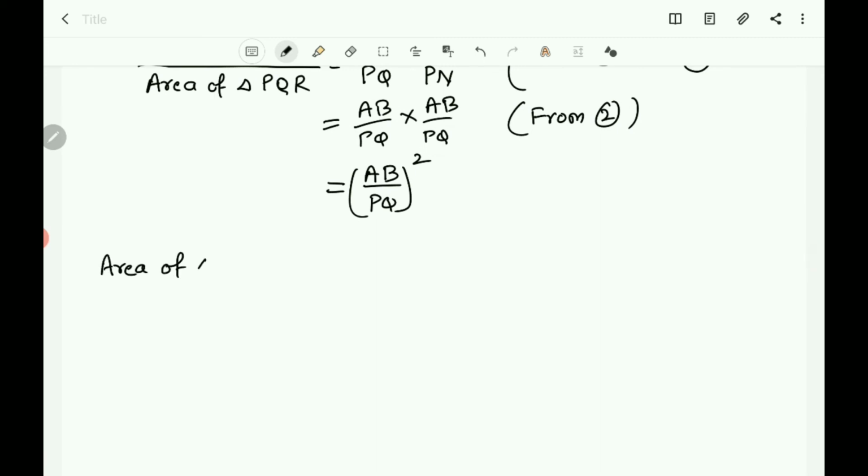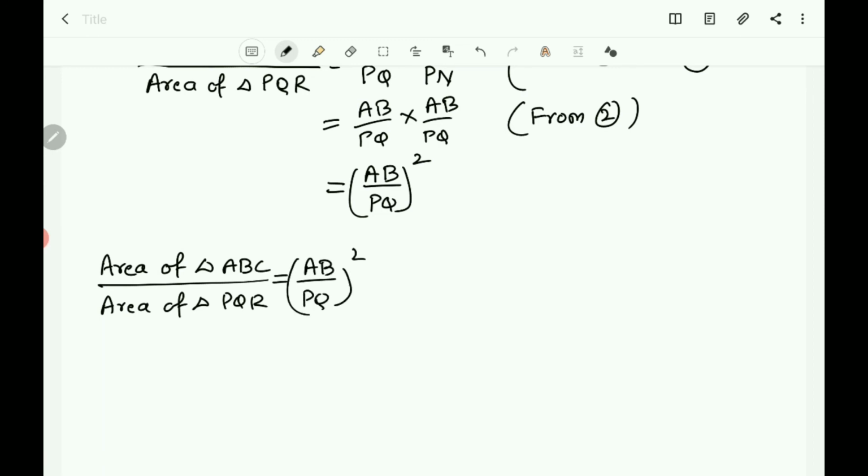Therefore you can write area of triangle ABC by area of triangle PQR is equal to AB by PQ whole square, and AB by PQ is also equal to BC by QR, so you can write BC by QR whole square. That is also equal to AC by PR, so AC by PR whole square.